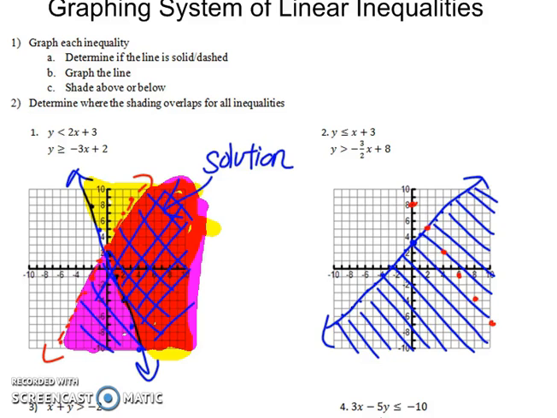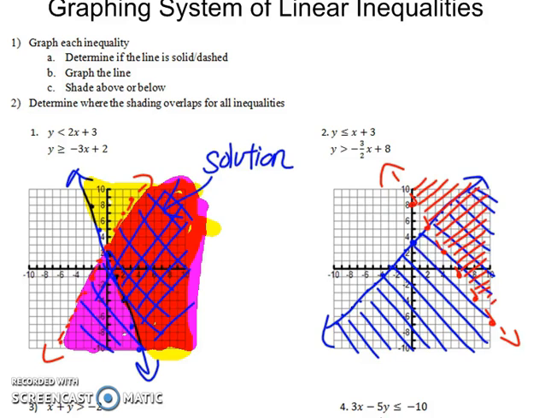Okay. So now that we have that line, is it going to be solid or dashed? So it's going to be dashed. Now I need to look at this red line and see if I need to go above or below. And so greater than means I need to go above. So I need to shade everything above. So I'm going to do it this kind of way.